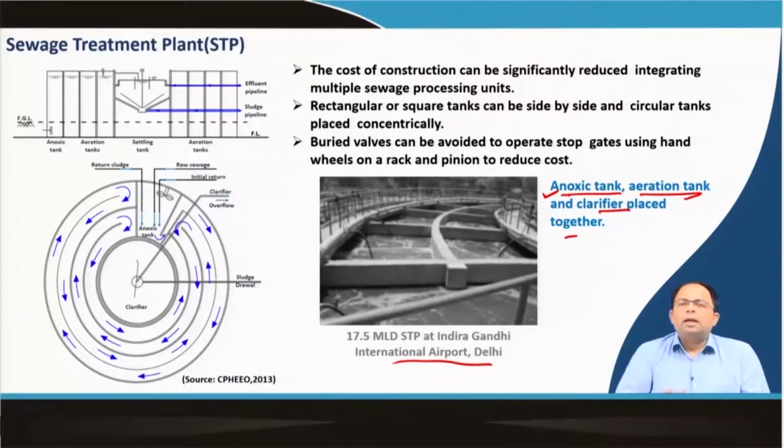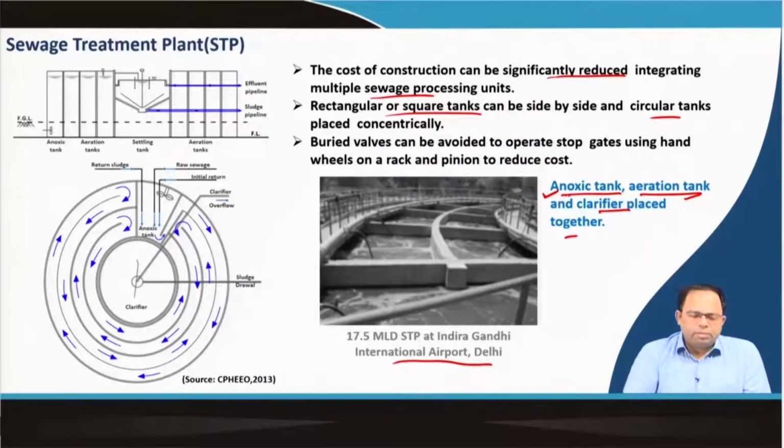We provide different chambers for all these techniques, but all of them combined together. So definitely the area and the cost of construction can be significantly reduced by integrating multiple sewage processing units. And if these are rectangular or square tanks, they can be just side by side with the sewage moving from one tank to another. And if they are circular tanks, they can be placed even concentrically.